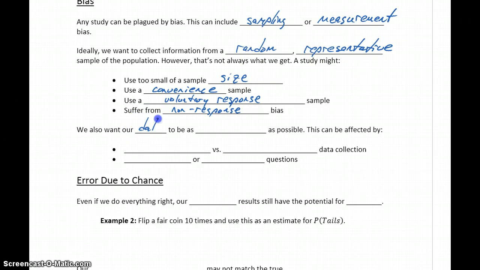So we also want our data to be as accurate as possible. And the accuracy of our data can be affected by collecting data that is reported versus measured. So essentially think of any question that people don't like to answer. How much do you weigh? How old are you?